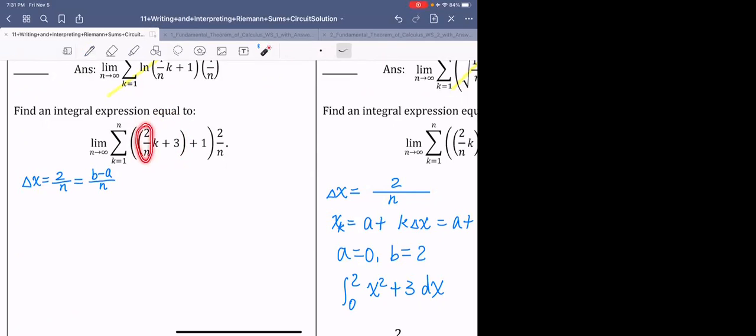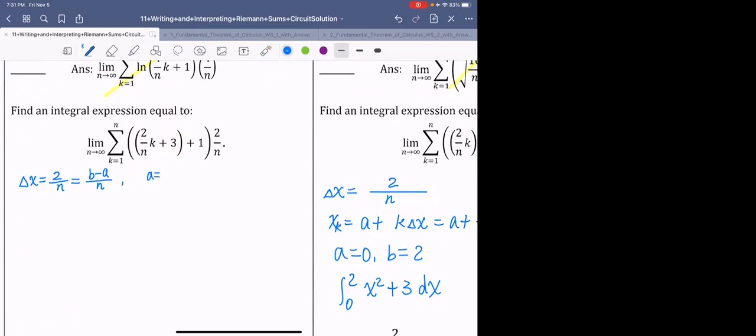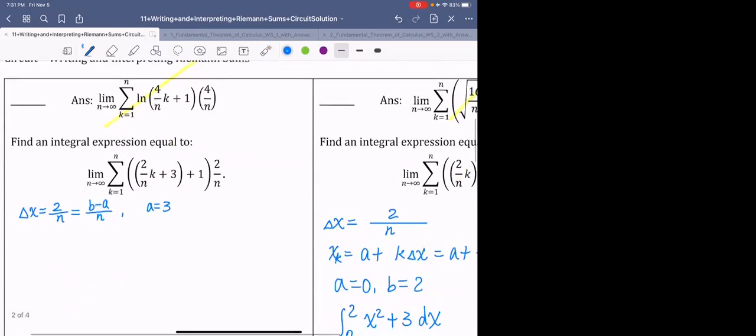This is 2 over n times k. From this parenthesis, you can tell who is this. Is that the a? Yes, very good. And you learn things very fast. A equals 3, so b equals, look, 5. There you go.